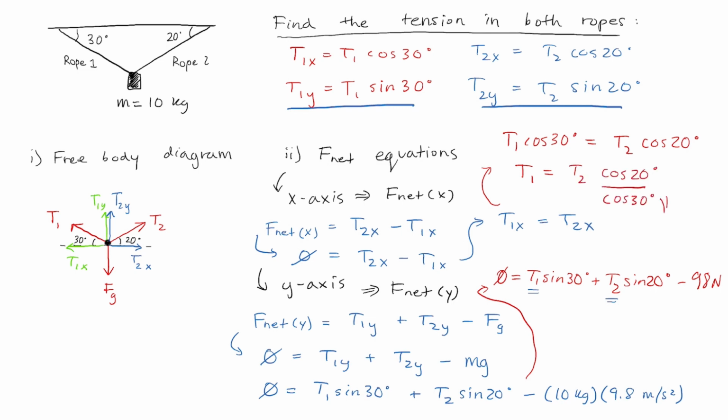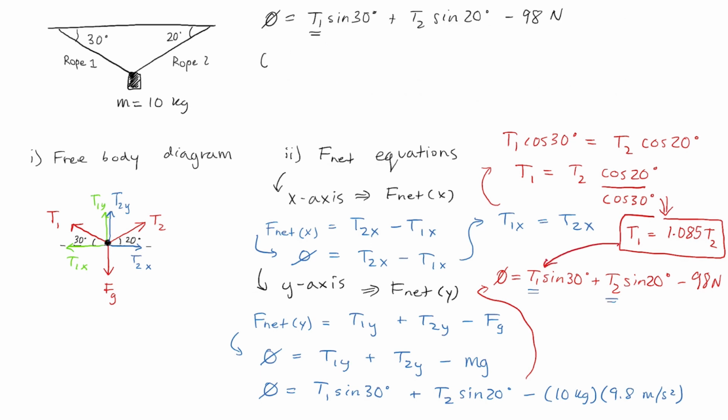Then I will simplify the equation, and we find that T1 is equal to about 1.085 times T2. And now what we can do is plug this value of T1 into our F net y equation. And the reason we do that is because now our F net y equation will only have one unknown variable. So we can solve for T2.